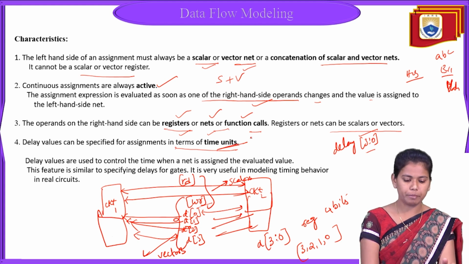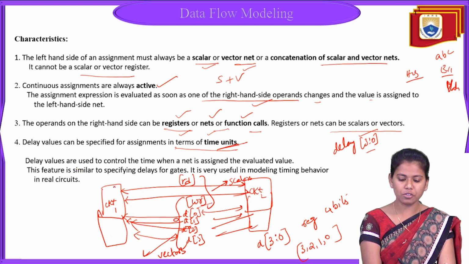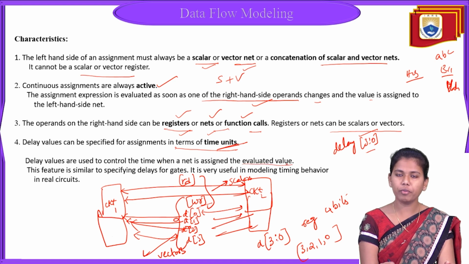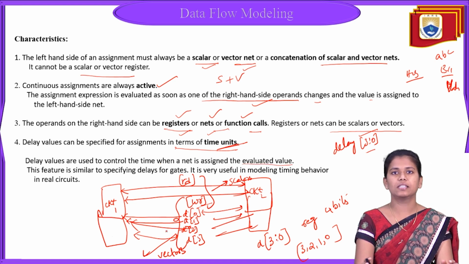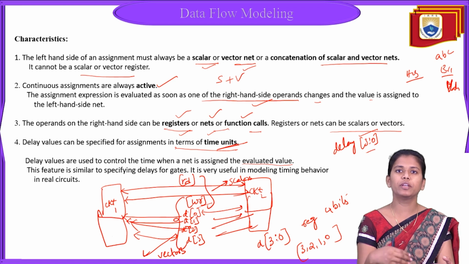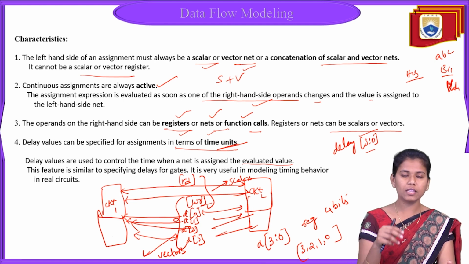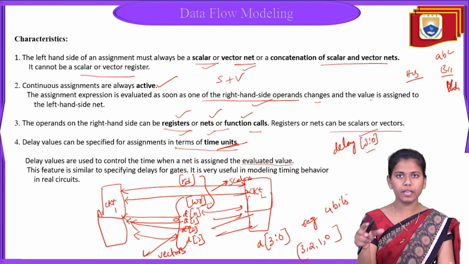This is very easy to remember. Next, delay values are used to control the time when the net is assigned the evaluated value. So when the net is assigned the evaluated value, that means when you see an increment in each and every block inside the network, you see the delays can be specified.